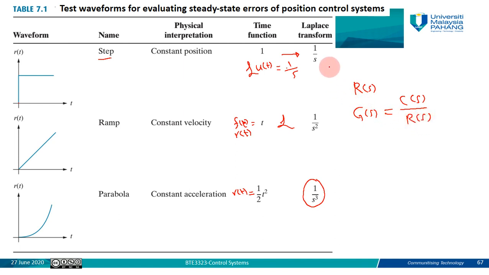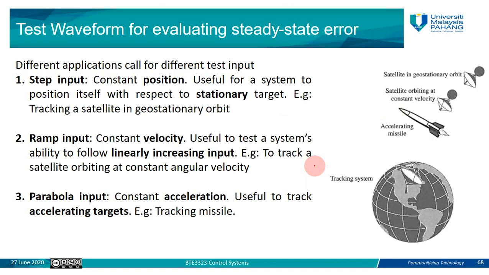R(s) will be replaced by one of these functions: either 1 over s, 1 over s squared, or 1 over s cubed. We call these the functions used to test the performance of the control system. As we can see, the selection of the test waveform depends on the type of application that we are going to use.